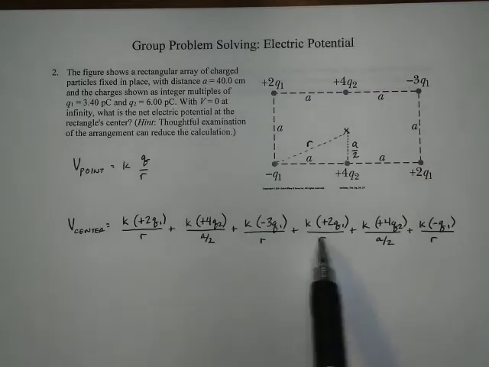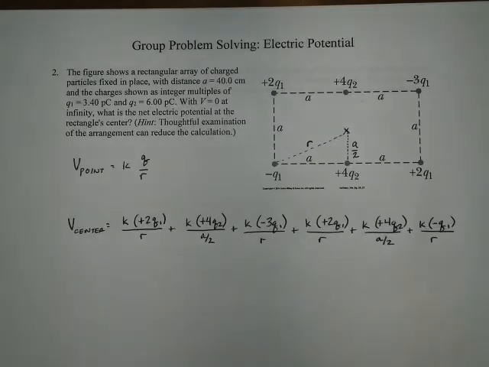All right, let's cluster the ones that have an R in the denominator and the others that have an A over 2.